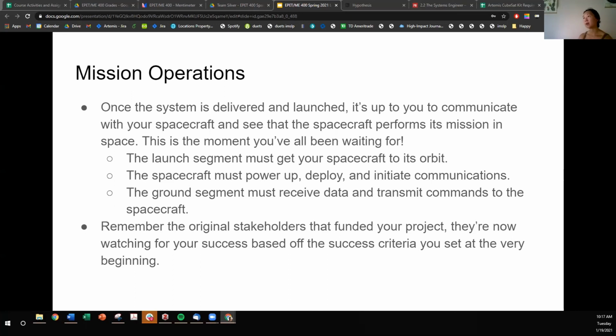This is where the whole project comes to a head, where the original stakeholders that funded your project, they're watching for your success based off of the success criteria that we all set together at the very beginning.